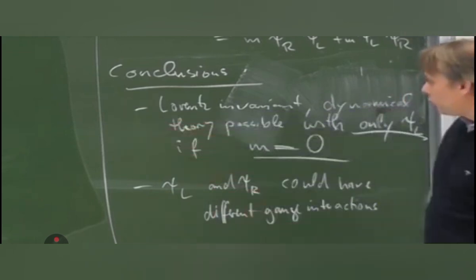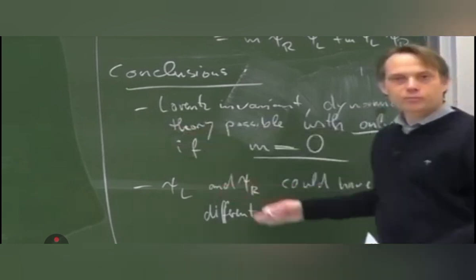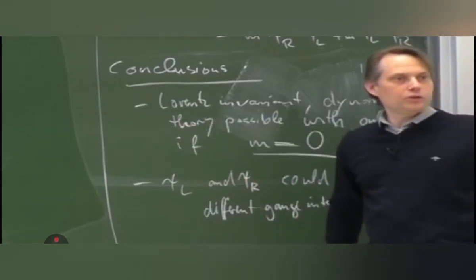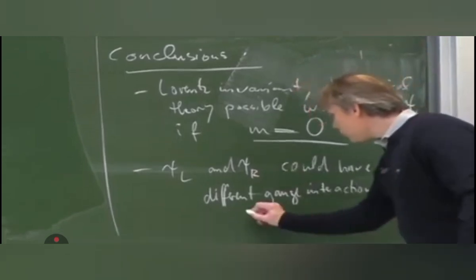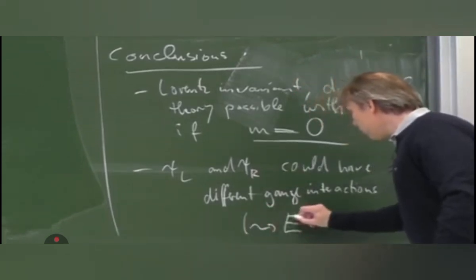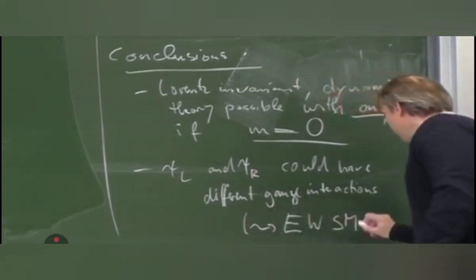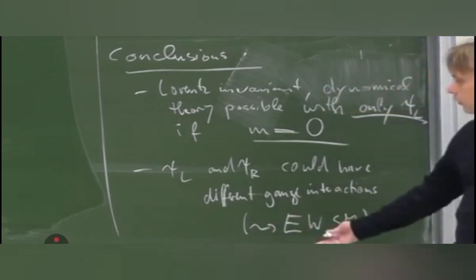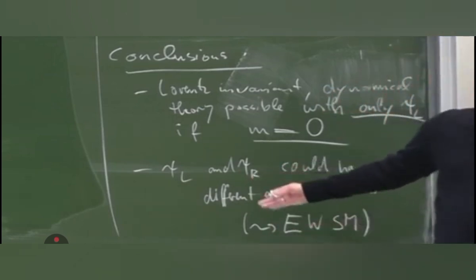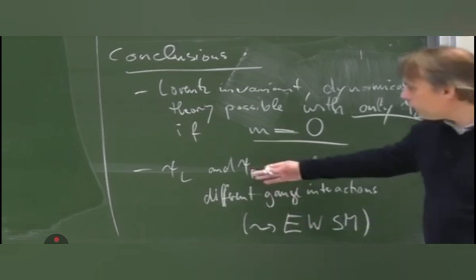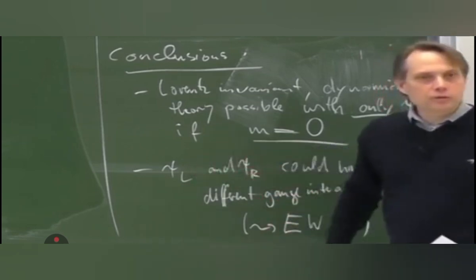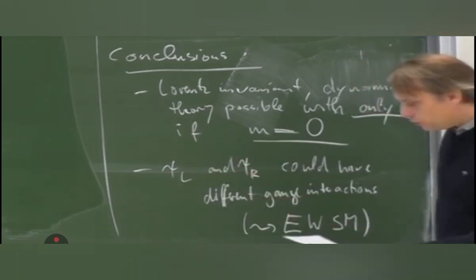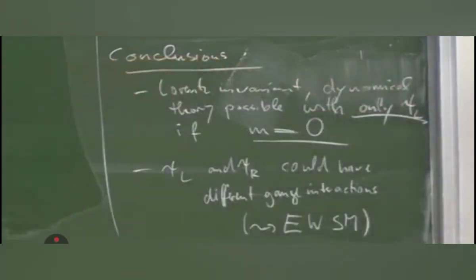Therefore also for them psi left and psi right are completely independent, and therefore they could have different interactions. And that is the case in the electroweak standard model, where the interactions of the W boson and the Z boson behave exactly in that way, and they make use of this fact that left-handed and right-handed spinors can have different interactions, and they do have different interactions for the W and Z bosons.